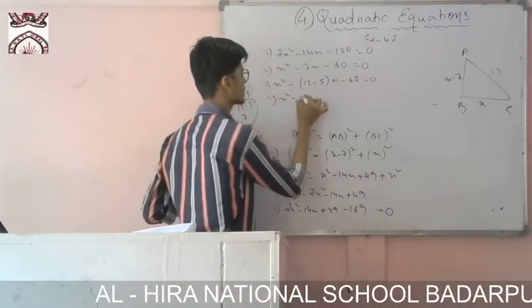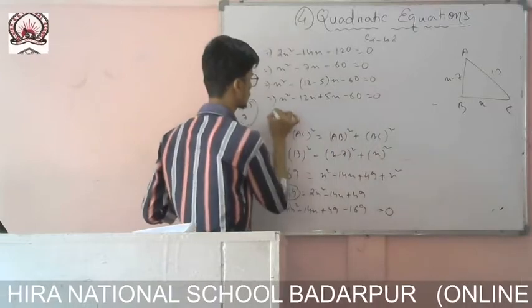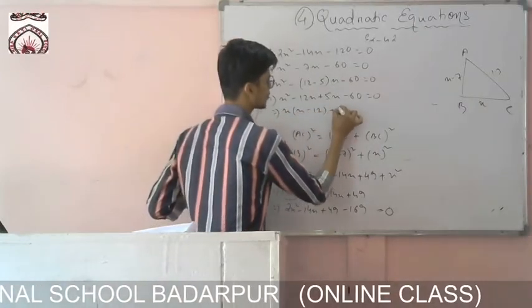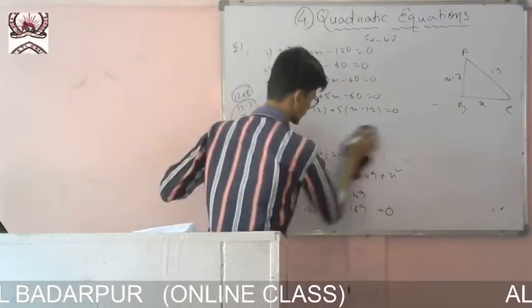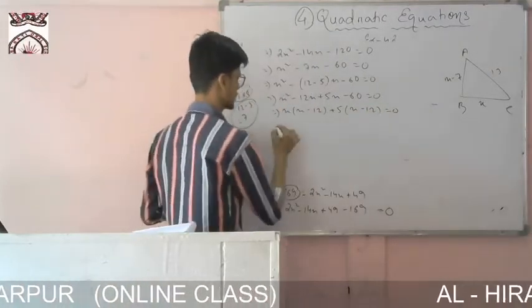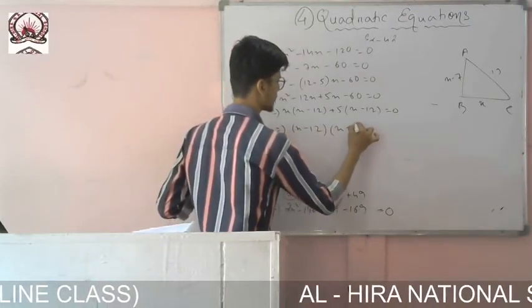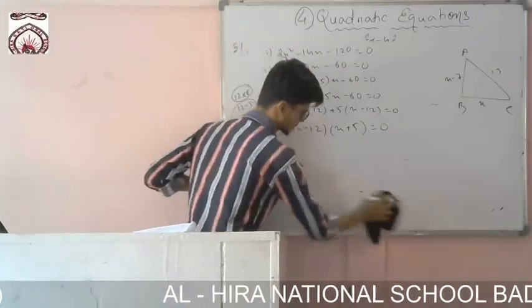X square minus 12x plus 5x minus 60 equals to 0. So x common x minus 12, 5 common there, x minus 12 equals to 0. So x minus 12 came, x plus 5 came equals to 0.